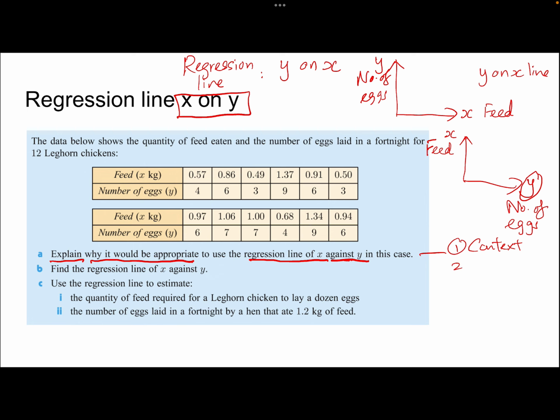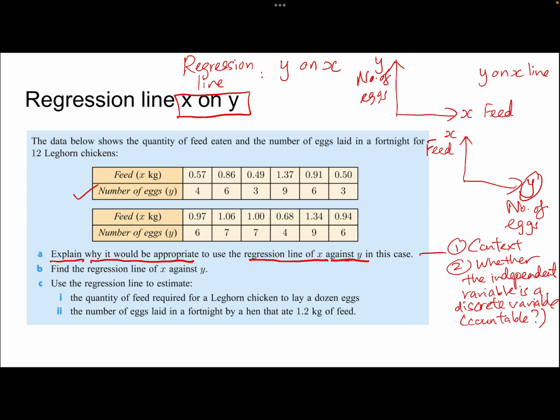At the same time, you need to look at whether the independent variable is a discrete variable, something that you could count. Is it countable in this case? And in this case, the number of eggs obviously is countable.